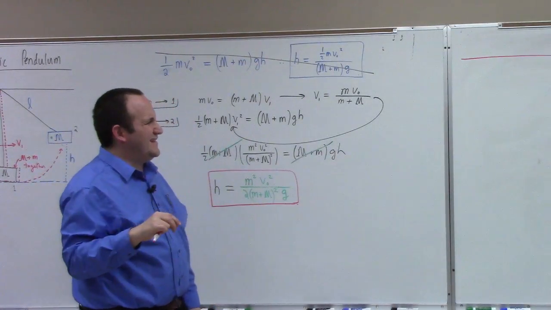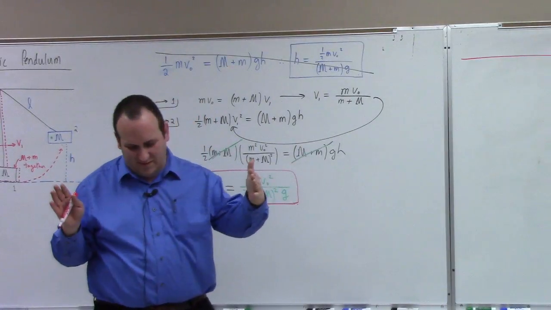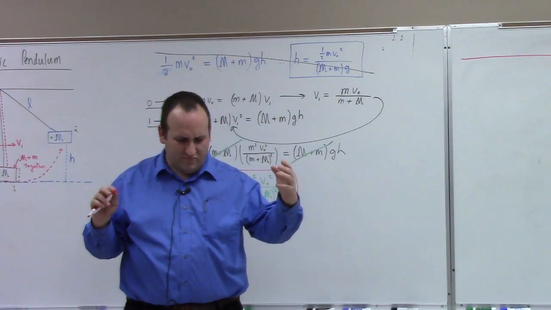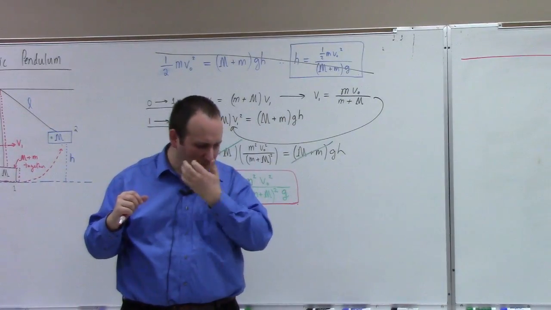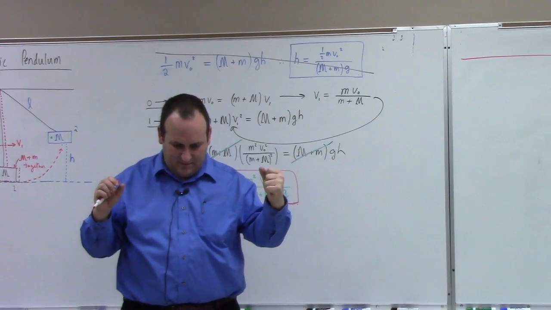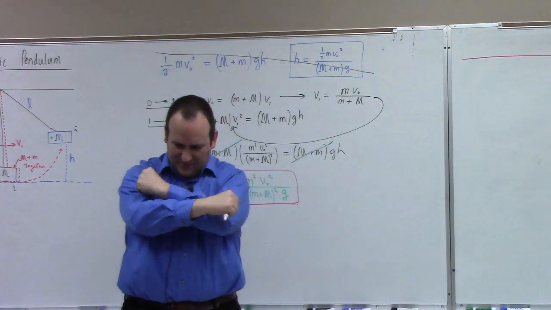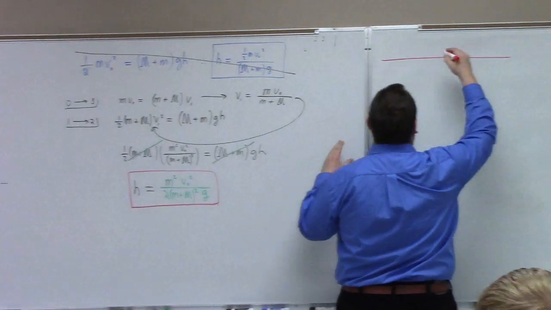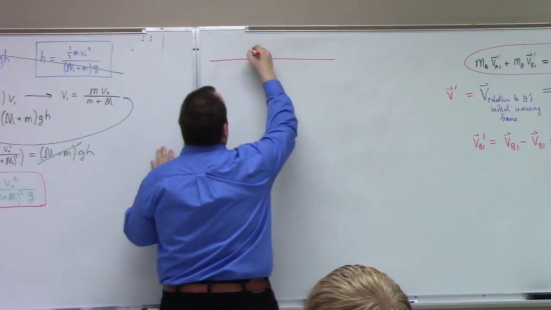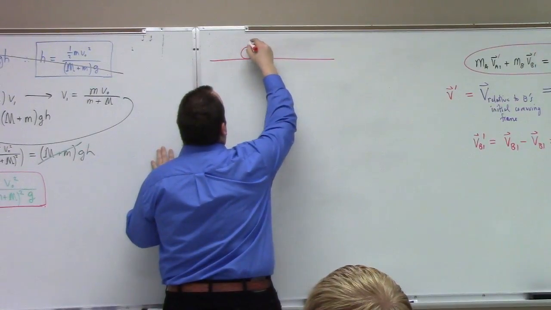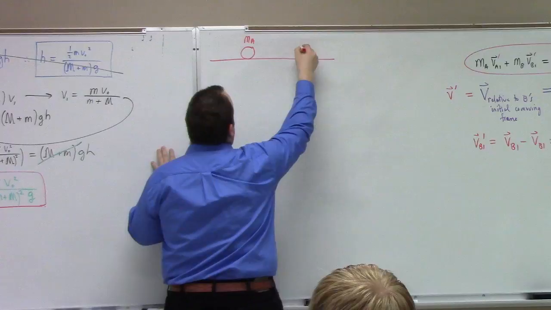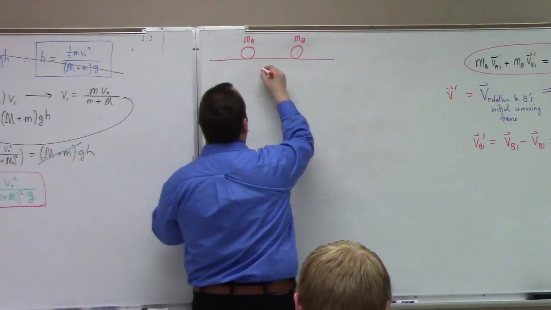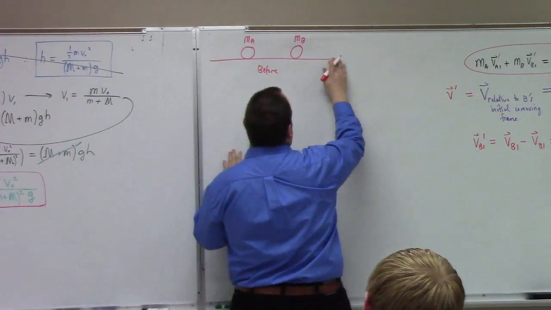When they collide, I do allow the possibility that they pass through each other, or they bounce, which is easier to understand. But the point here is, I've got two balls, say MA and MB. And that's before, and then after.